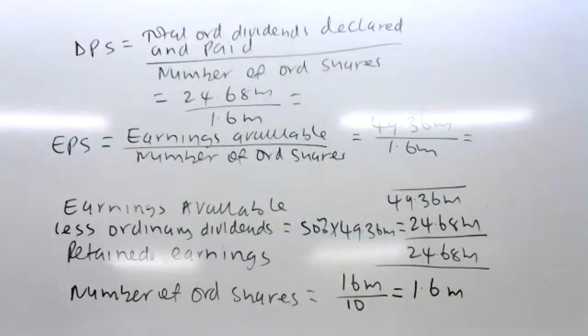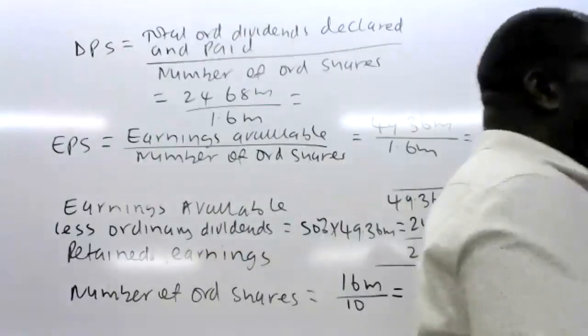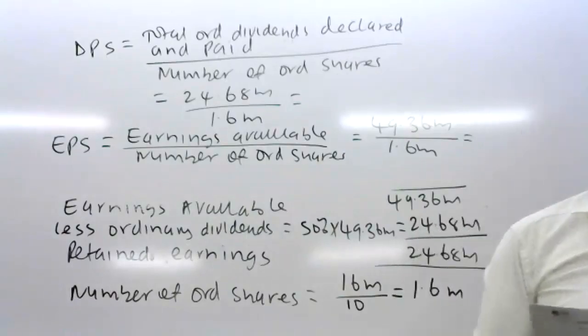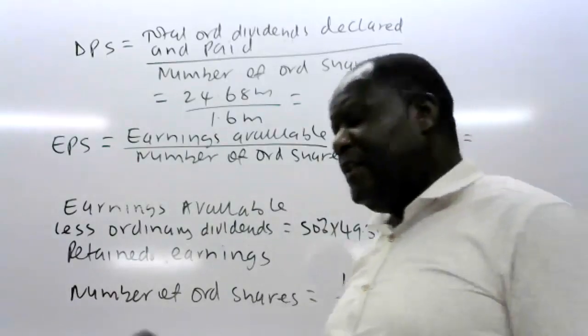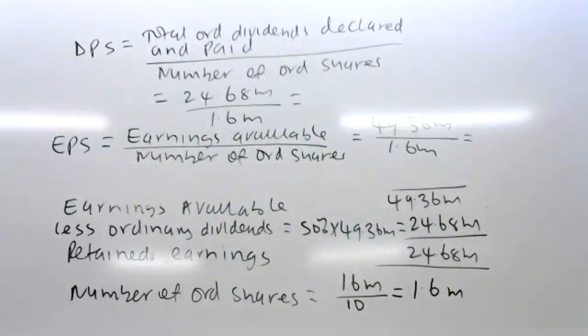Then the next one, which is supposed to be the dividend payout ratio, indicates the proportion of the earnings available to the ordinary shareholders that is paid out.